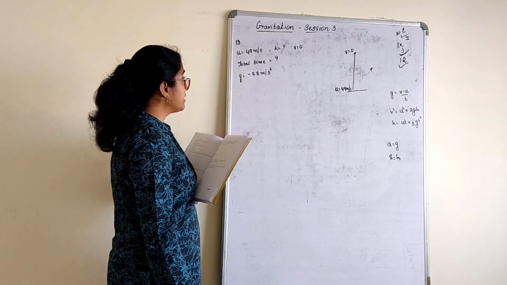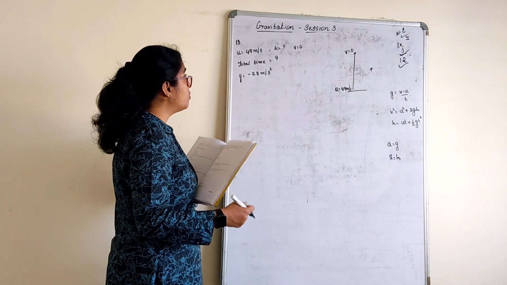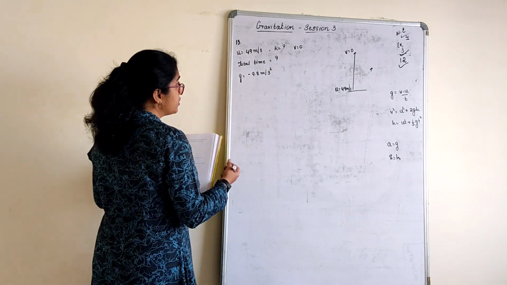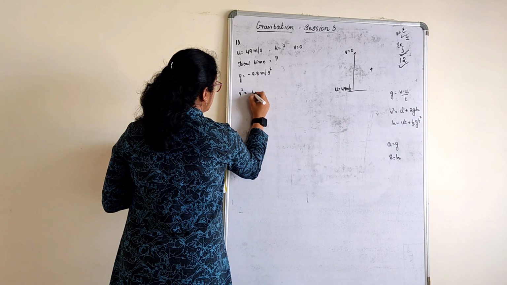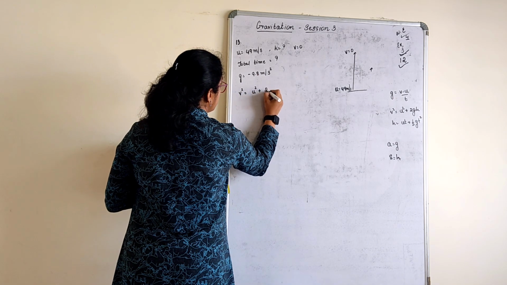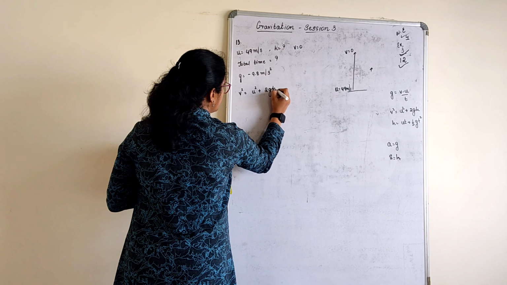To calculate H here, time is not known, only U is known. Which formula will you get over here? V square is equal to U square plus 2GH.